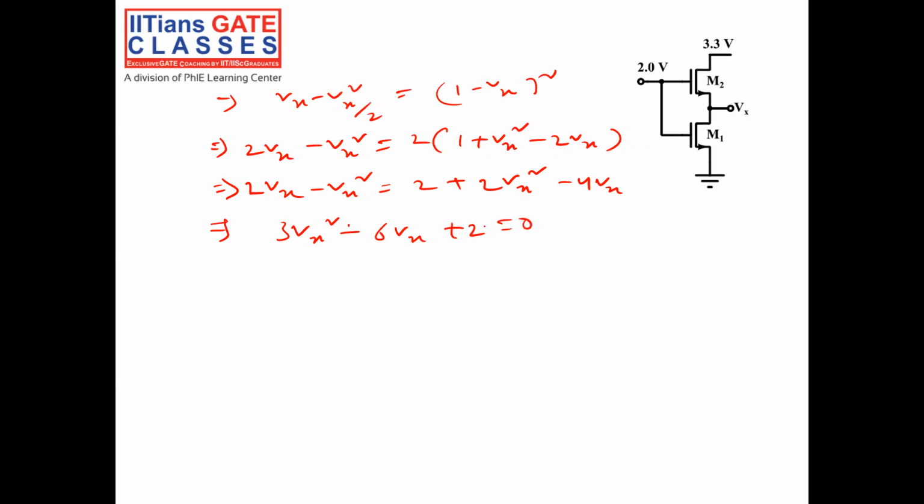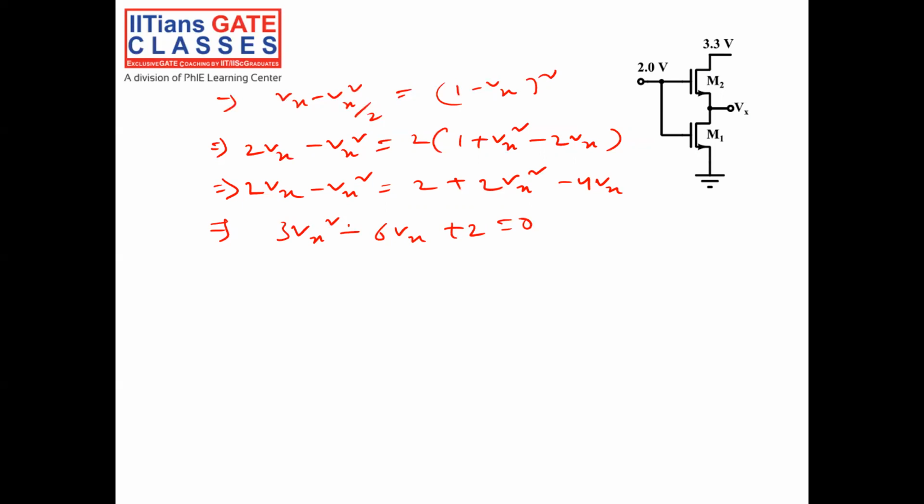So let us take a calculator and solve it. Go to the calculator, shift to mode, equation is 5. X square coefficient is 3, so I put 3, minus 6, then the last one is 2.